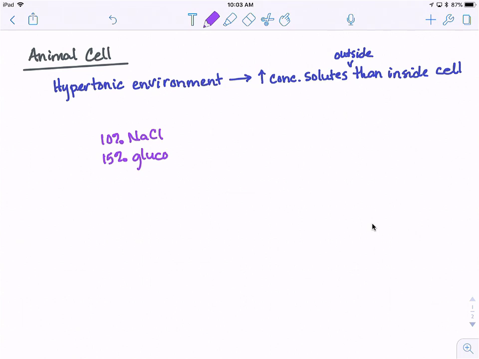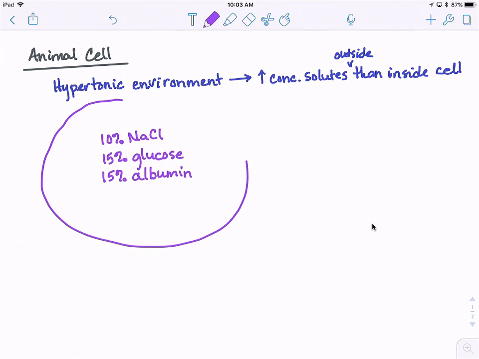There's also some glucose, which is that usable blood sugar. And then we'll throw some protein in here too. So there's inside of my cell.